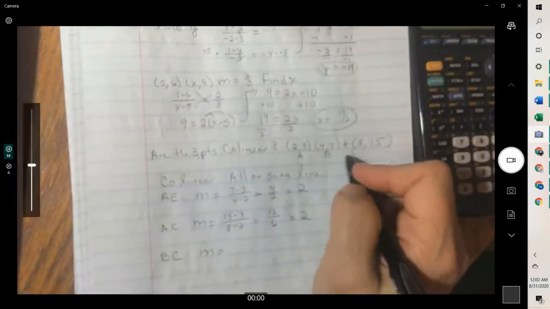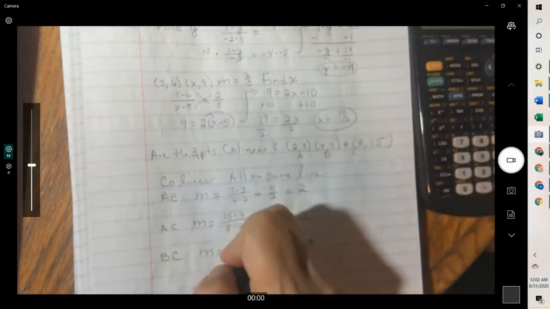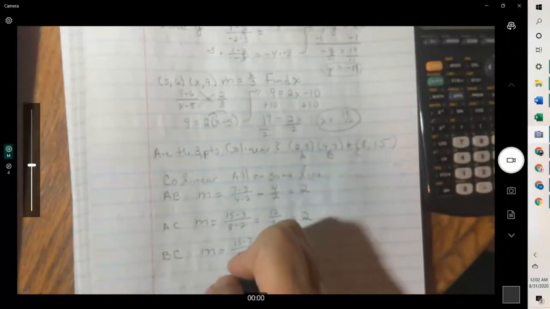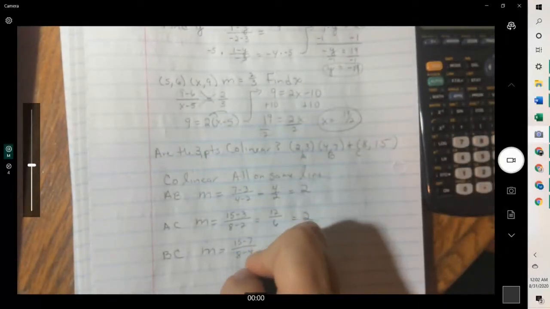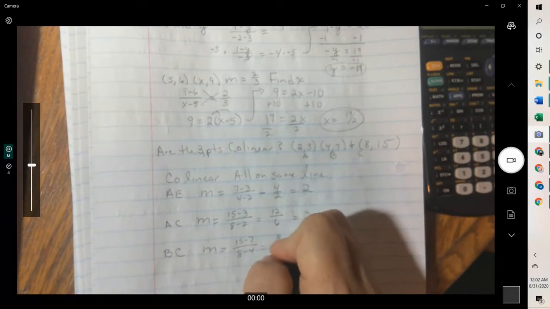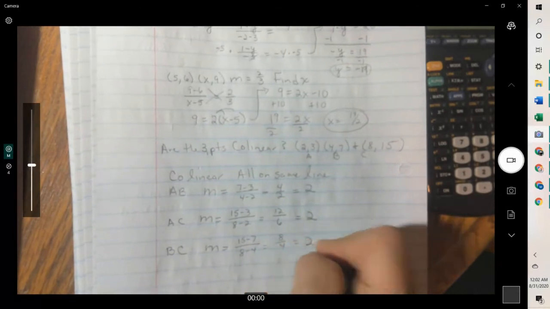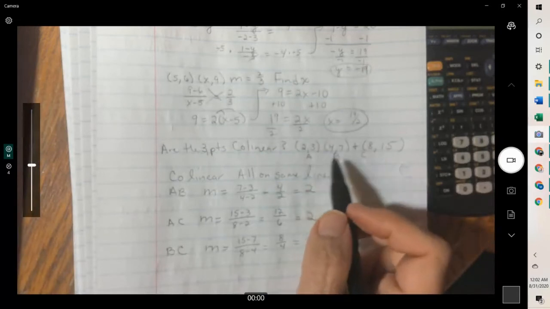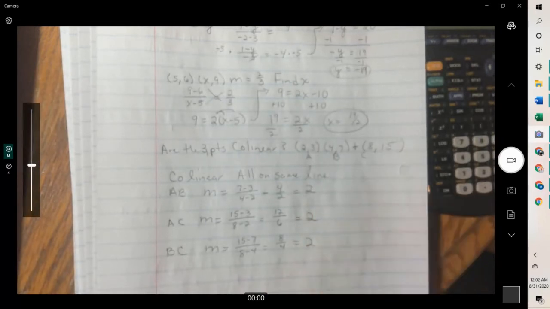So BC, 15 minus 7 over 8 minus 4. Since all the slopes are the same, these 3 points are collinear. If any one of them would not have been the same, then they would not all be on the same line.